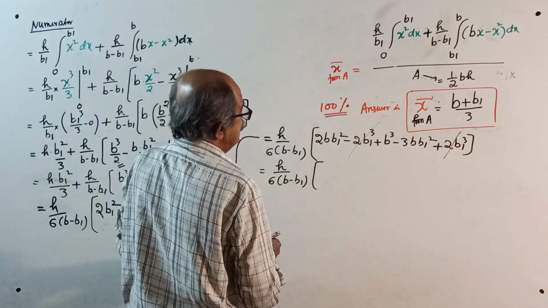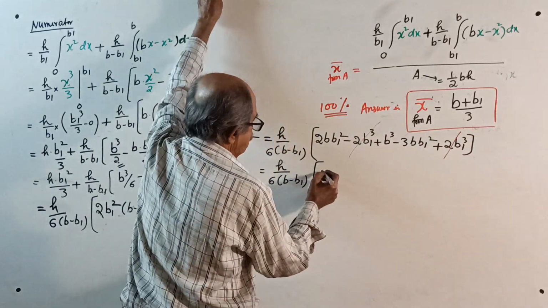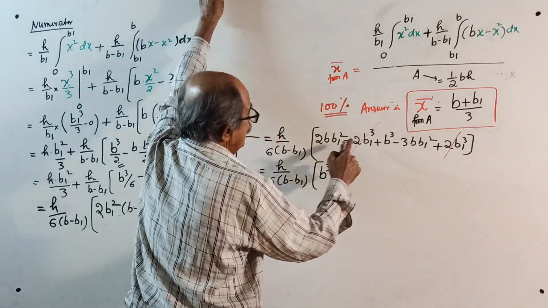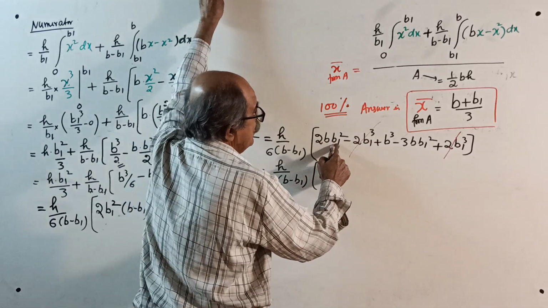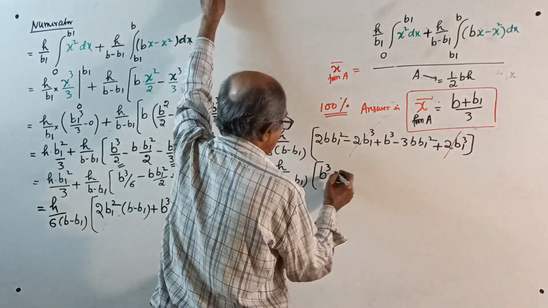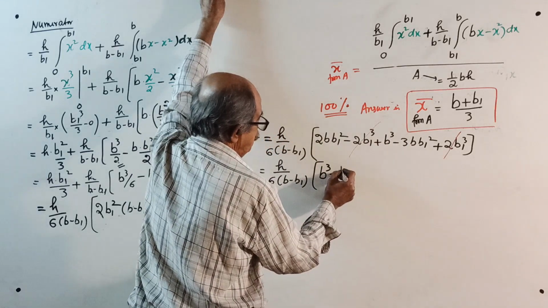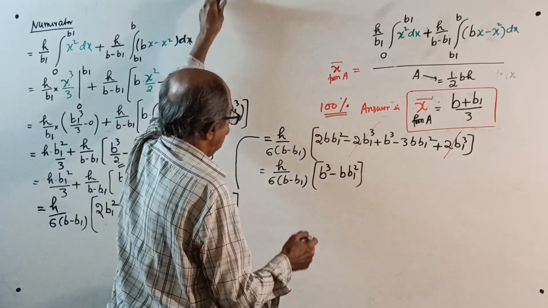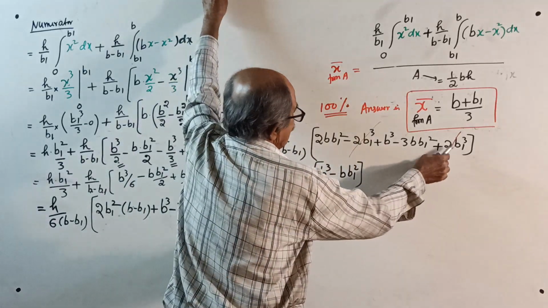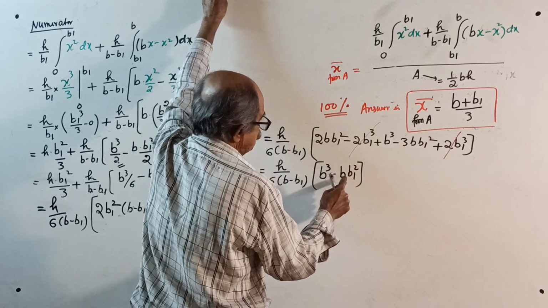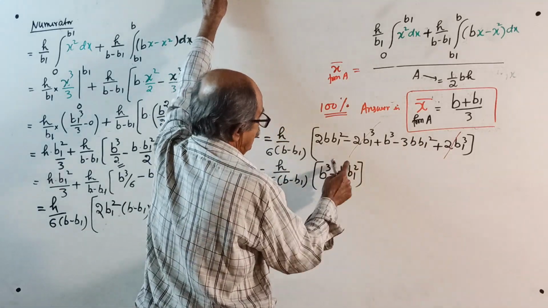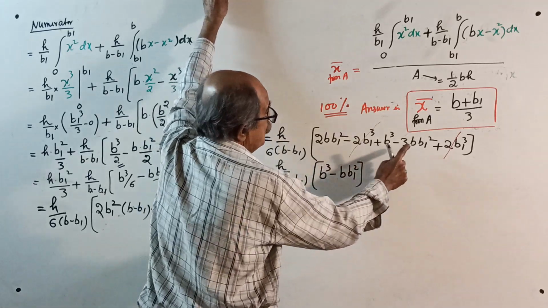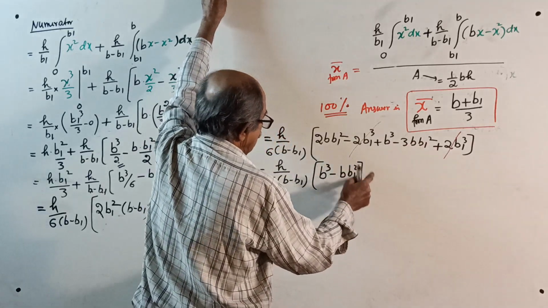So what are you left with? b cube, then 2b1 square minus 3b1 square is minus b1 square. Correct, I think, most probably. This will cancel. 2b1 square plus 2b1 square, b cube is over, plus 2b1 square minus 3b1 square is minus b1 square.